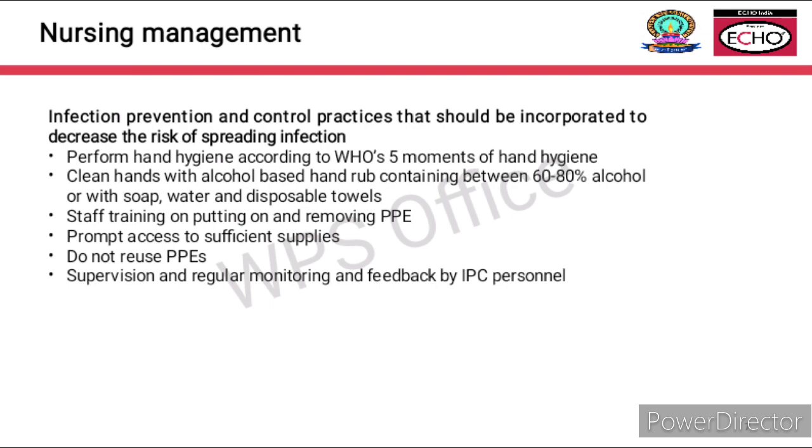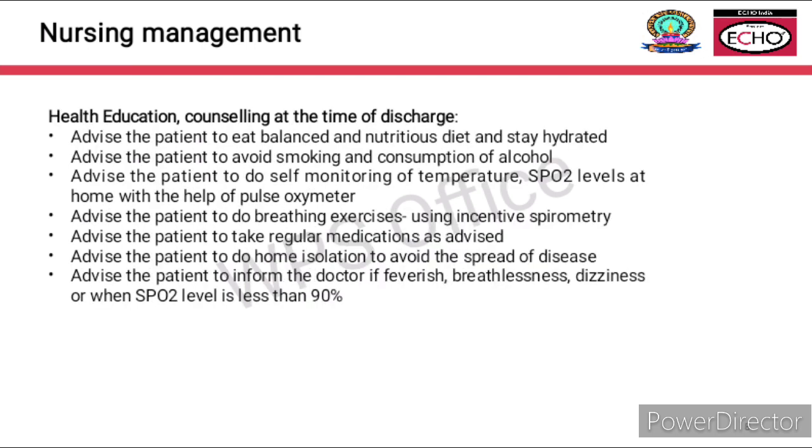Then staff training on putting on and removing PPE, and prompt access to sufficient supplies. Do not reuse the PPEs. Then supervision and regular monitoring and feedback by the IPC personnel. So these are the infection prevention and control practices that should be incorporated.